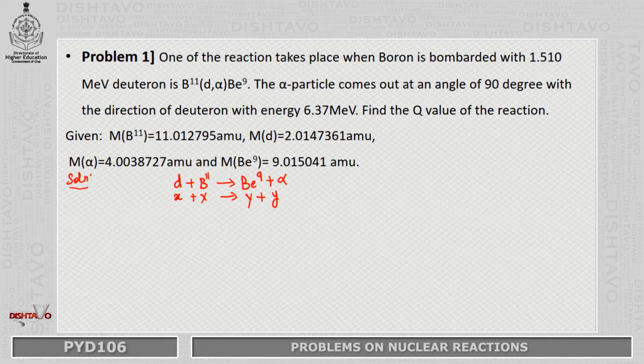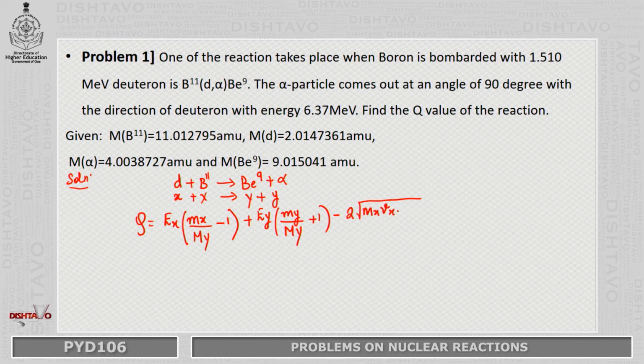Now, in our previous modules we have studied that the Q value of a reaction can be written as Ex, that is the energy of the incident particle, into mx, mass of the incident particle, divided by mass of the product nuclei minus 1, plus Ey, that is the energy of the outgoing product particle, into mass of the product particle divided by mass of the product nuclei, plus 1, minus 2 times square root of mx Ex into my Ey cos theta, where theta is the angle between the incident particle and the product particle.